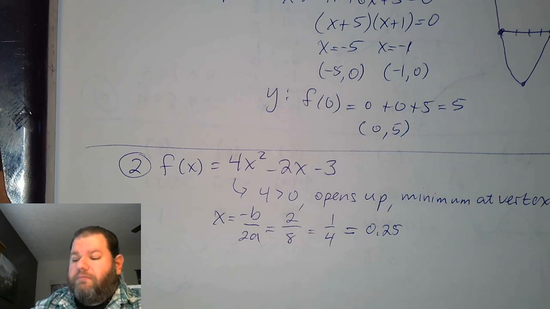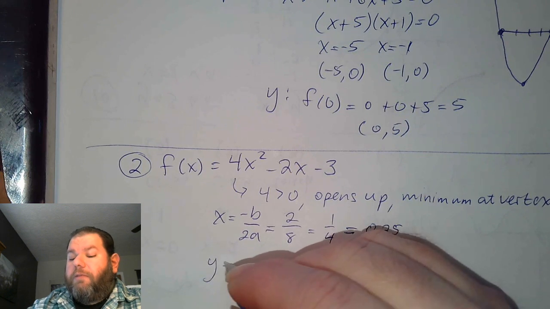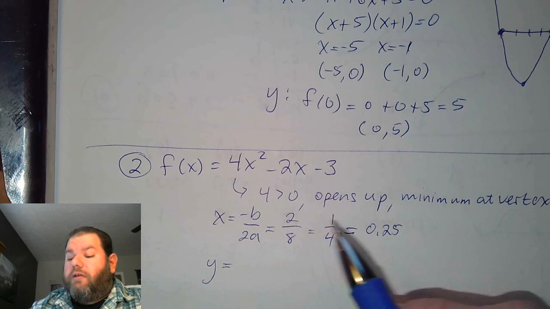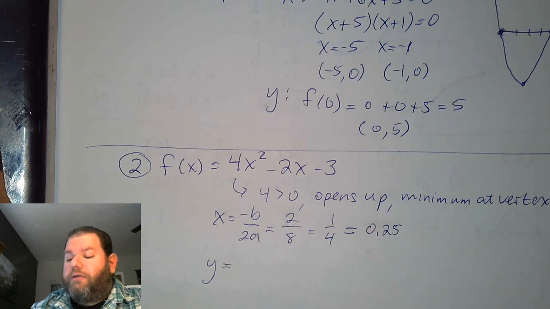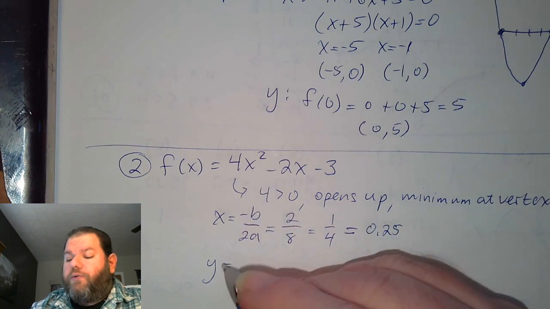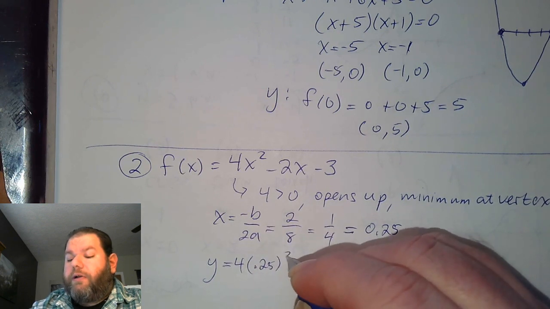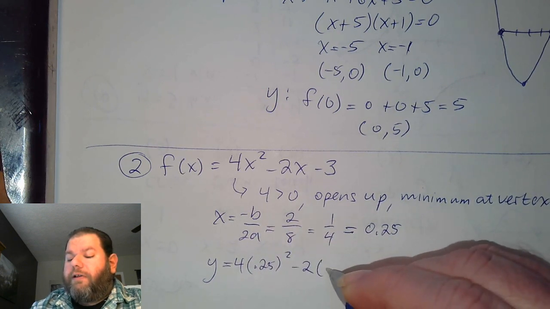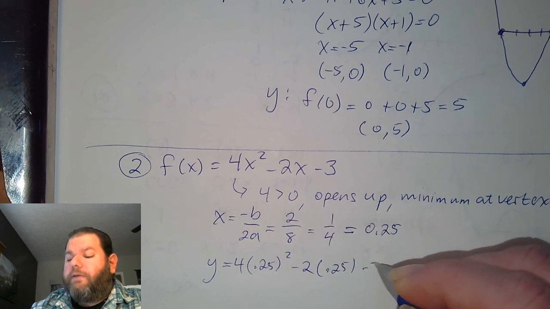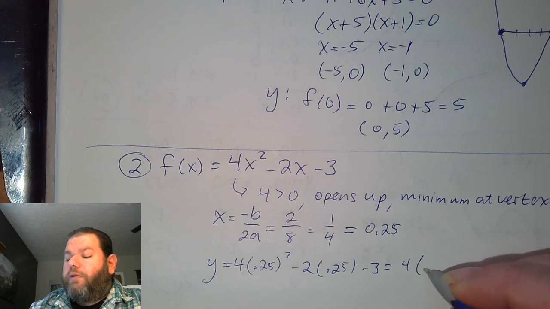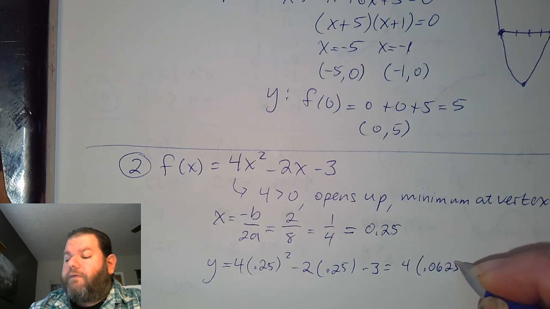So plug this in. That's 4 times 0.25 squared minus 2 times 0.25 minus 3. 0.25 squared is 0.0625.